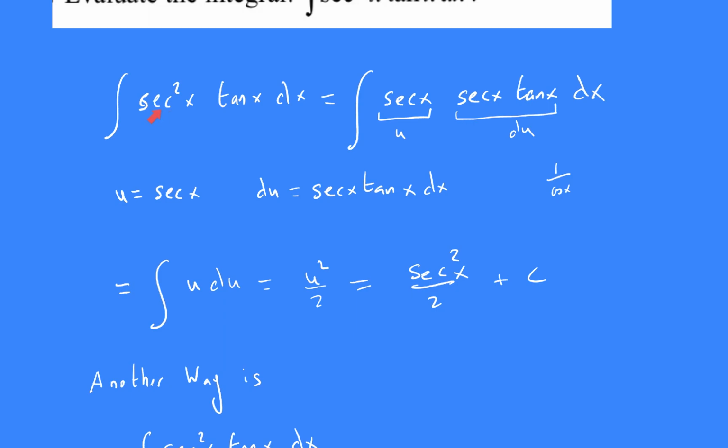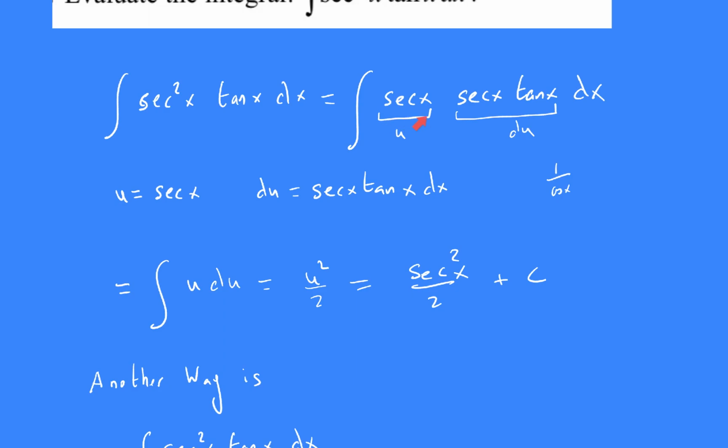Instead of writing secant square, we write secant times secant tangent. Secant tangent is the derivative of secant of x. So I choose u to be secant of x, and du is secant of x tangent of x dx.